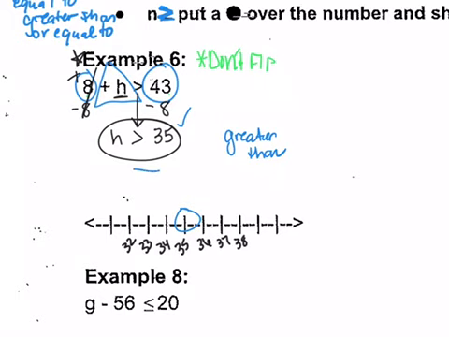And my sign is facing to the right. So it's saying h is greater than 35. So I'm going to shade my number line this way. Because what that means, h, whatever it is, it's some number that's bigger than 35. So anything bigger than 35 could be a solution. That's why we shade all of those numbers in, because these are all bigger than 35.